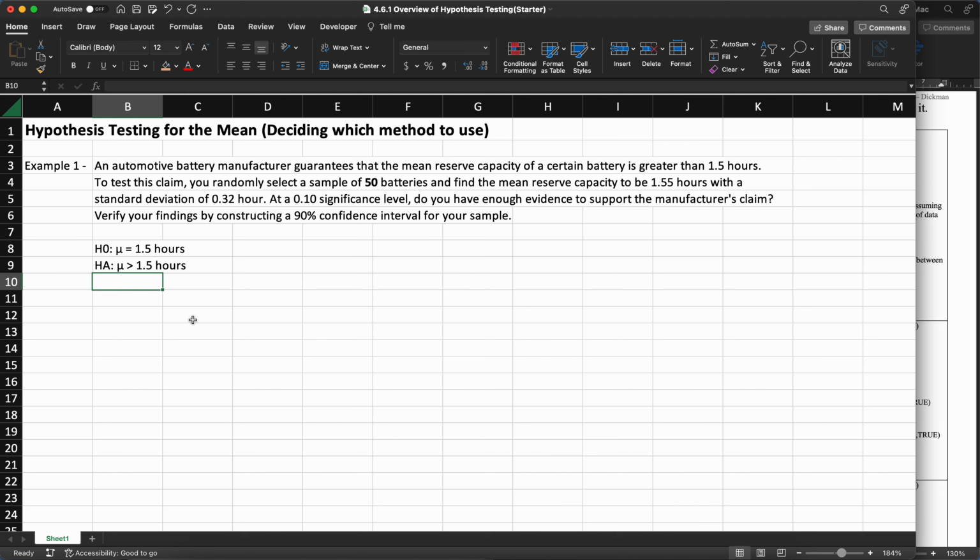What we're doing here is trying to see if the sample that we got is statistically significantly larger than 1.5. And how we do that is we find the probability that we would randomly select a sample that has this mean and standard deviation. And if that probability is small enough, in this case smaller than 0.10, then we have enough evidence to say, hey, maybe they're onto something here.